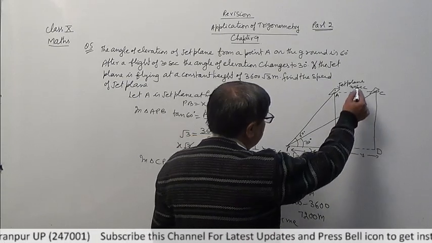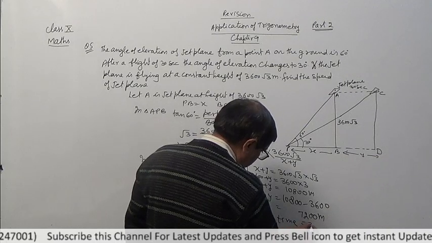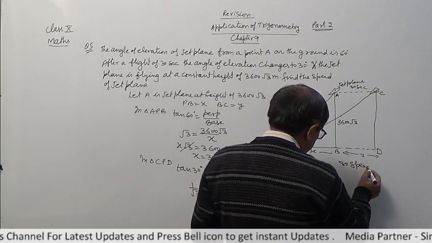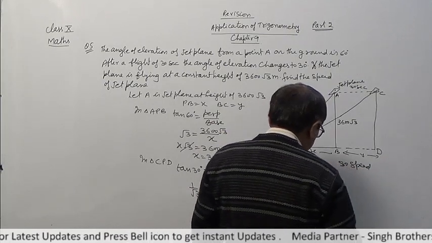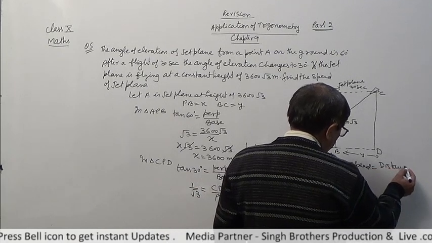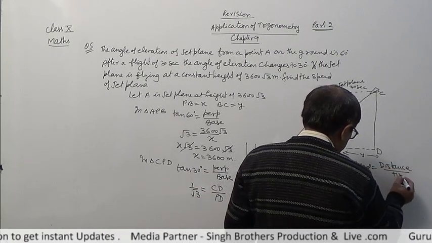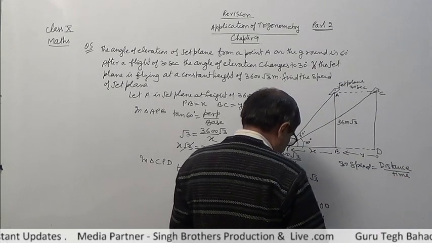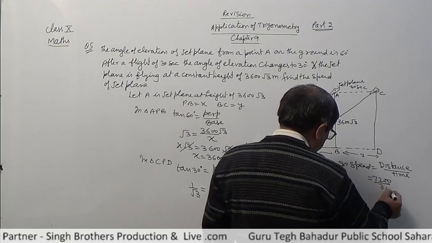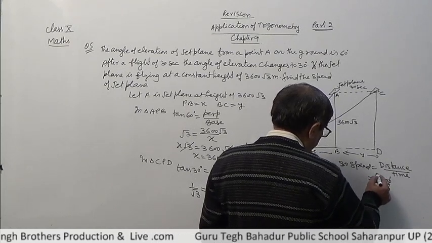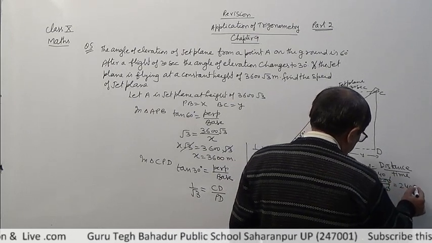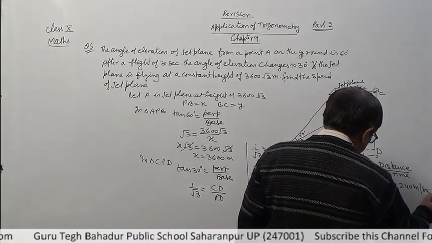Time to travel is 30 seconds. So speed is equal to distance upon time. Distance is 7,200, time is 30. This 0 cancels. 3 2s are 6, 3 4s are 12, that is 240 meter per second.